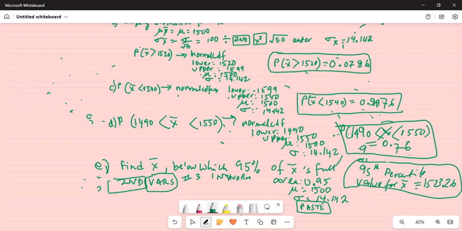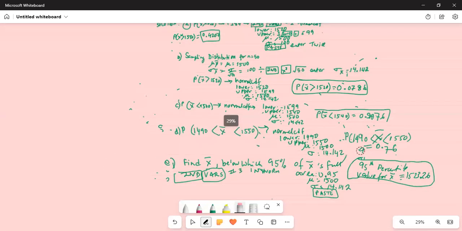Just want to make sure this one is correctly done. So I'll first erase this, and then I'll erase this and correctly write it.